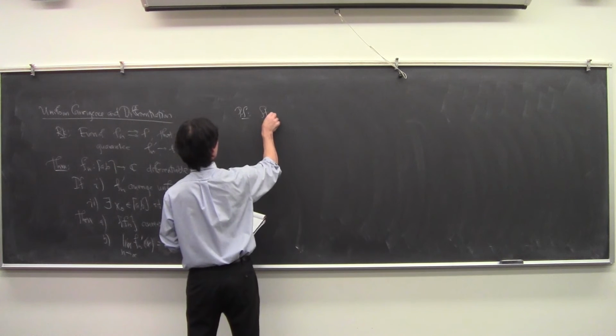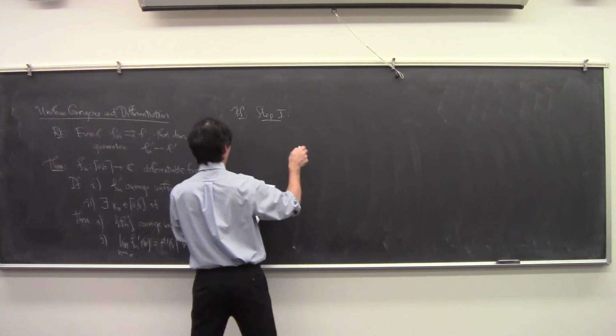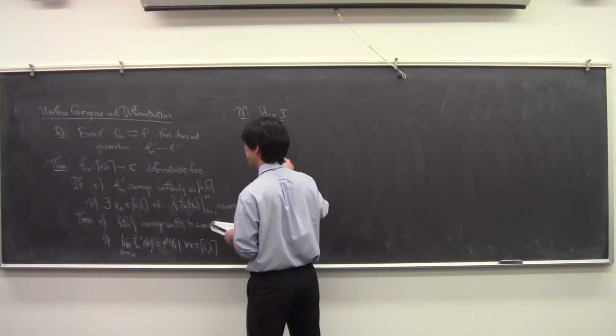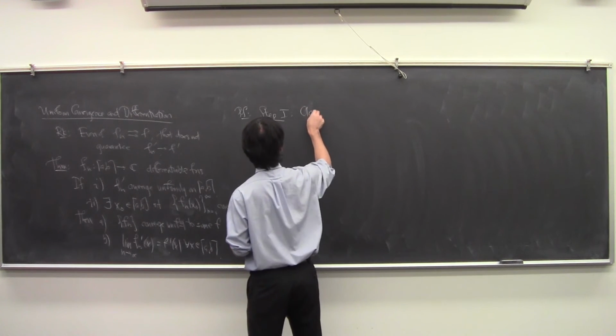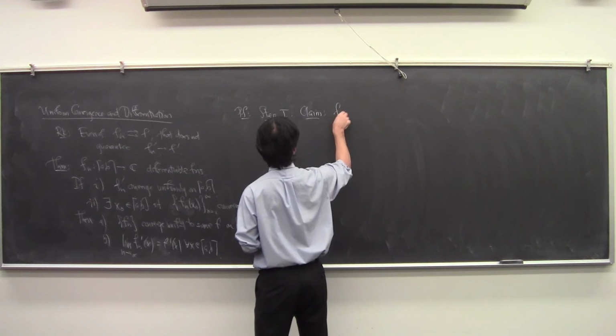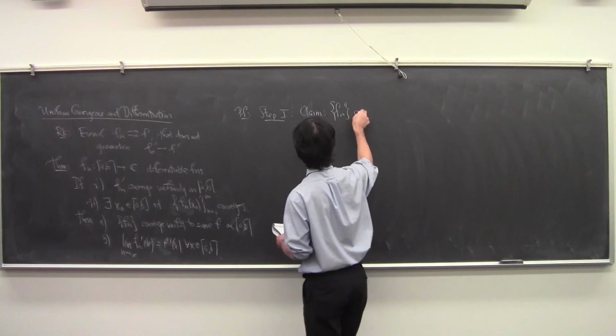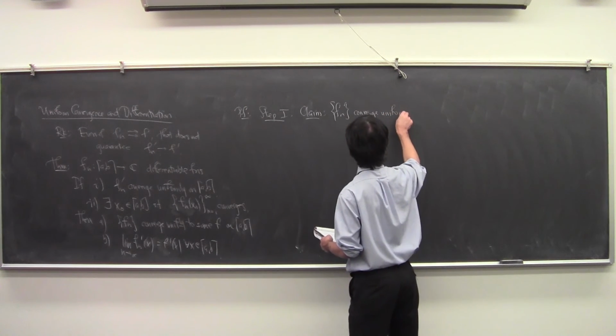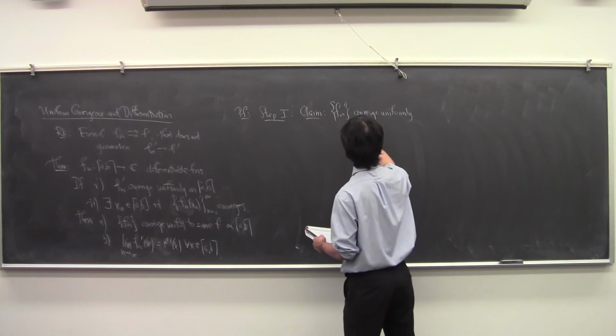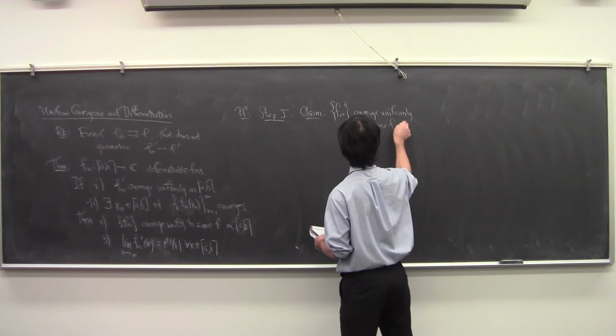So step one is that, in fact, we have that the Fn actually do converge uniformly to some f.